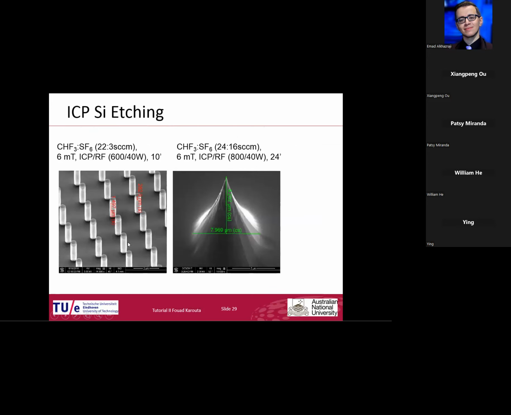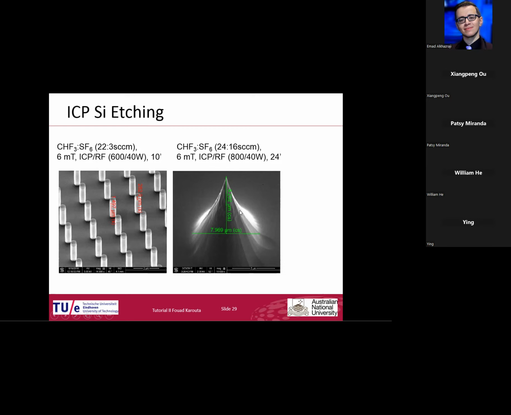I'm enlarging the photo, but here the ratio of SF6 is much higher, at a slightly different condition. Here I was trying to obtain a cone shape. When you reach the cone shape, the mask will collapse, so you don't get it. And you see that's about 8 micron if I consider till here.